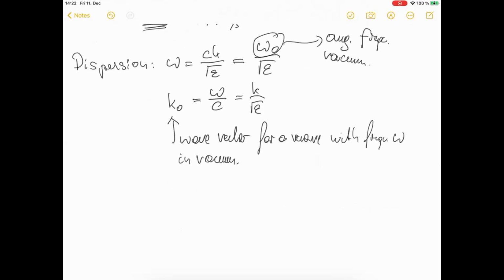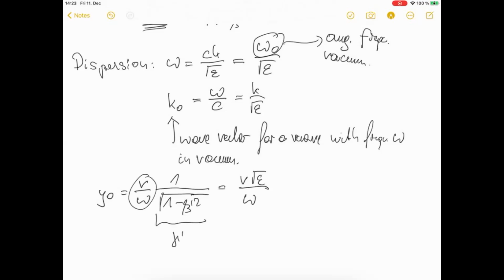And that helps us rewrite the transverse reach. Let's do it like this. Gamma 0, I'm copying from above, is v over omega times 1 over square root of 1 minus beta prime squared. Now we call this gamma prime, the relativistic gamma factor related with the beta prime in the medium. We now rewrite the v over omega as v times square root epsilon divided by omega 0 times gamma prime.